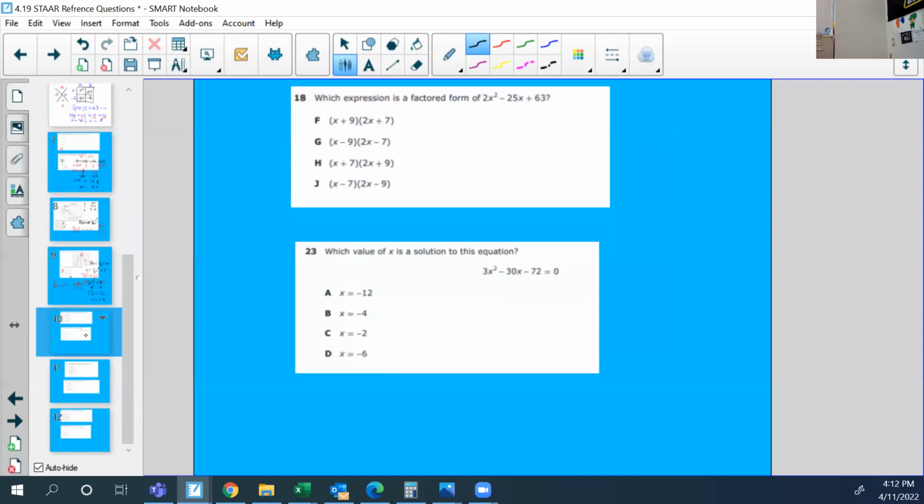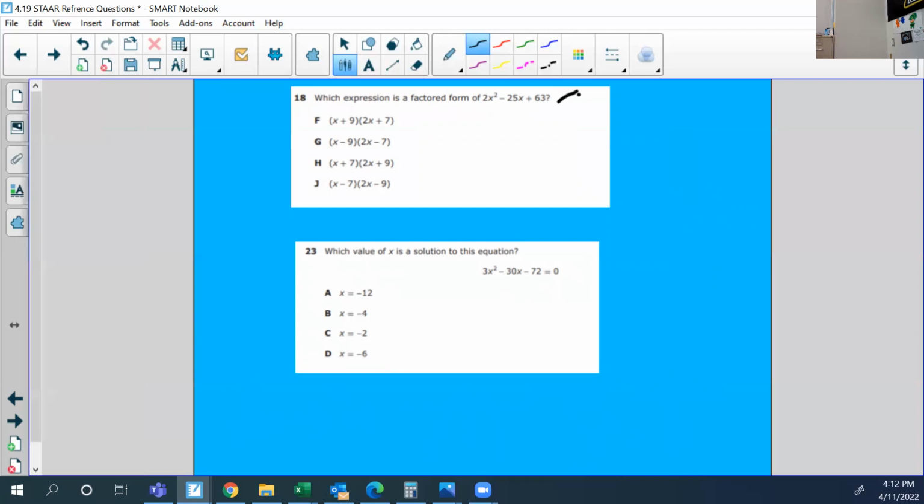Or you could use the calculator, graph the answer choices and see which one matches that. That's one way of doing it. All right. Or you can factor it. So let's look at factoring.